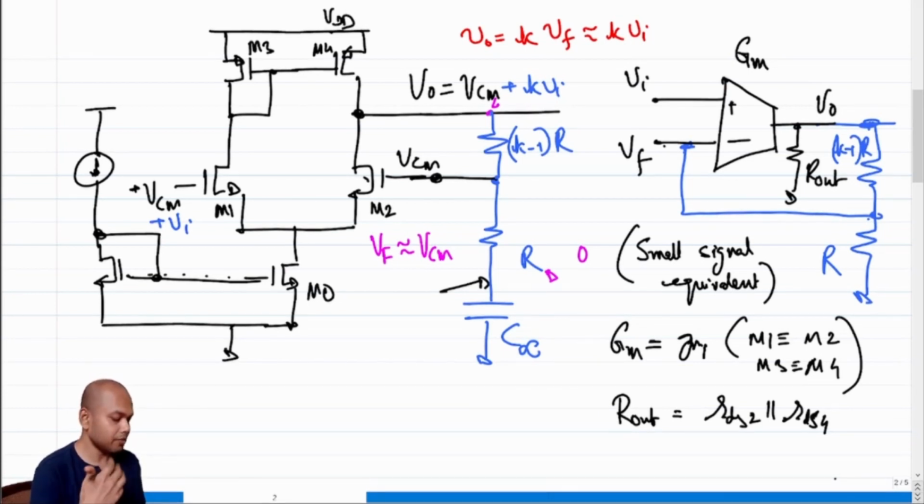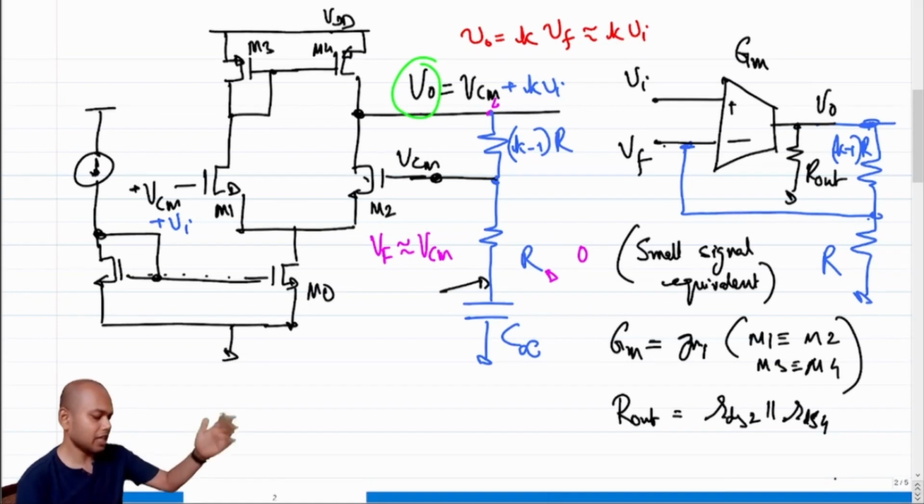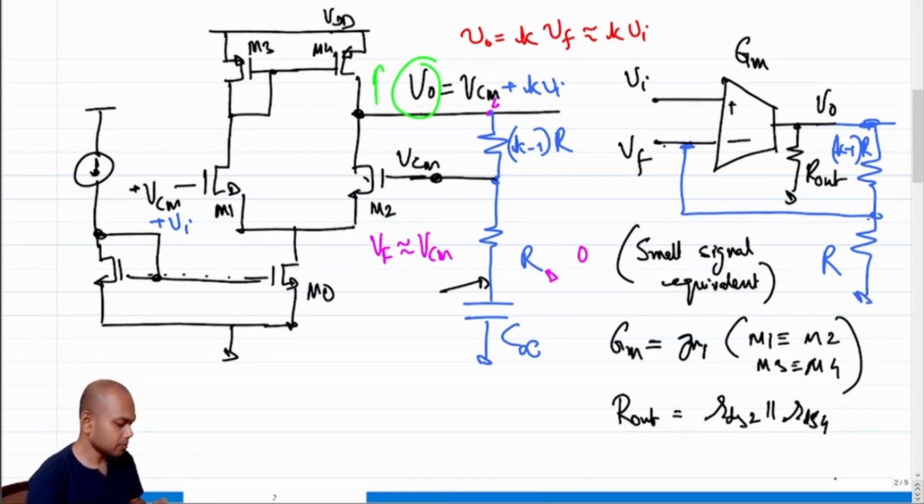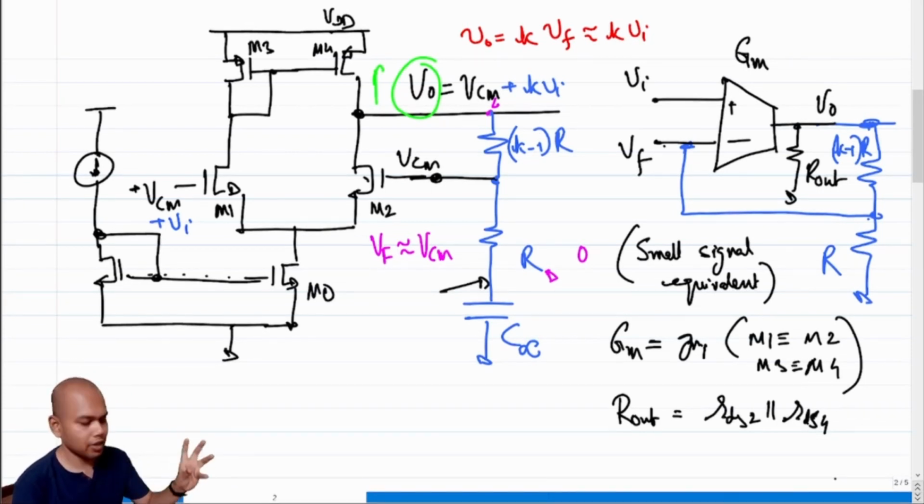What was the range that the output can swing to while all the transistors are in saturation? For example, if I take V0, what is the maximum it can swing to? The maximum it can swing to is VDD minus 1 overdrive voltage of M4. So that is good. It can swing quite high towards the supply voltage, right?